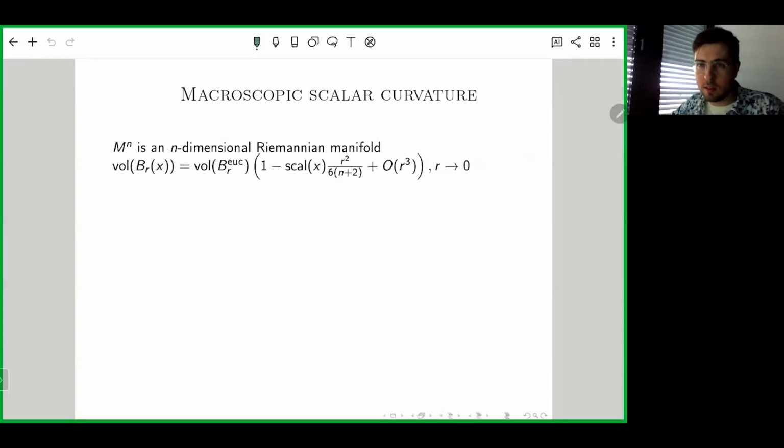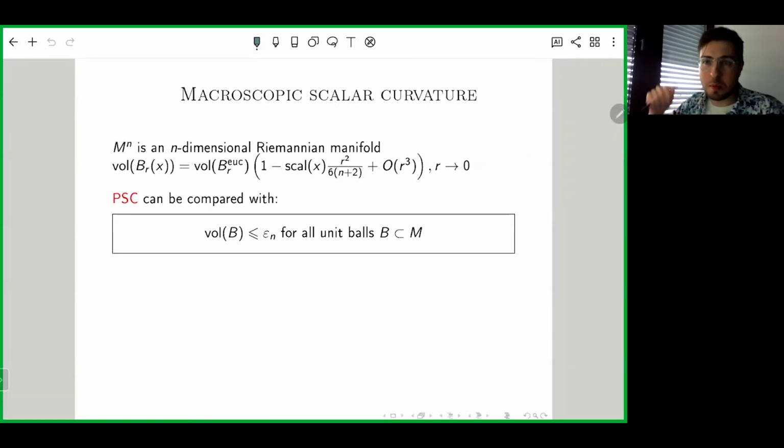Okay, so another piece of motivation for me is that scalar curvature, since it's hard to study, can be interpreted metaphorically in a few ways. This one was also mentioned by Evgeny: positive scalar curvature responds to the volumetric behavior of small balls, the balls of small radius in your manifold.